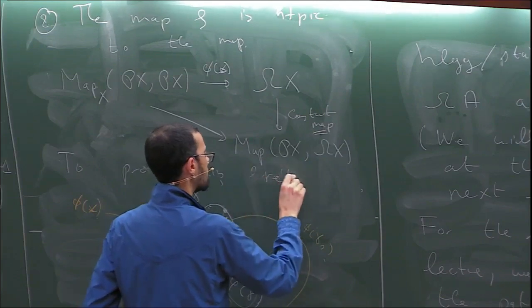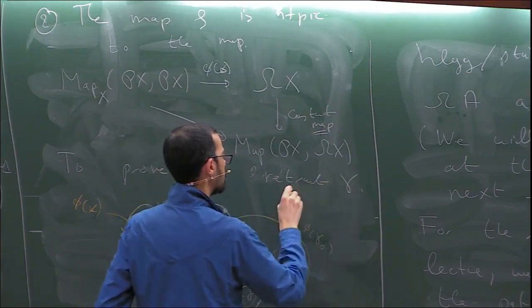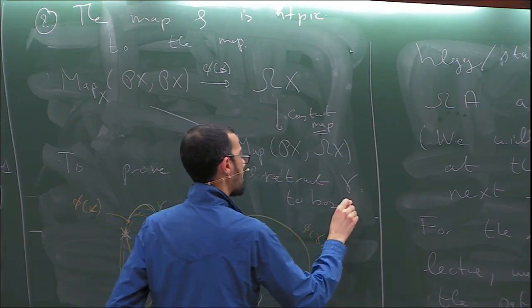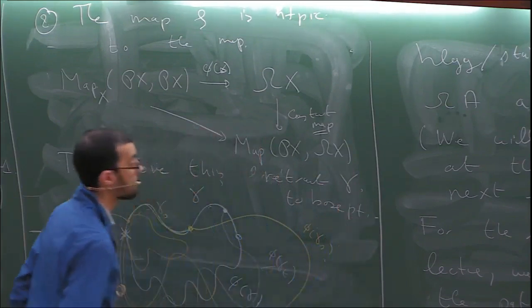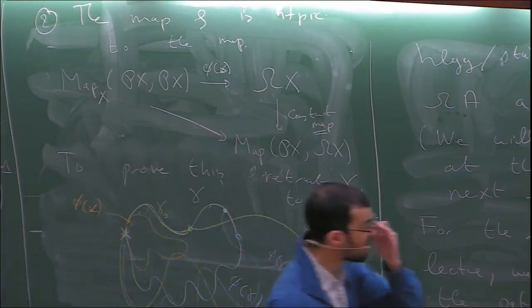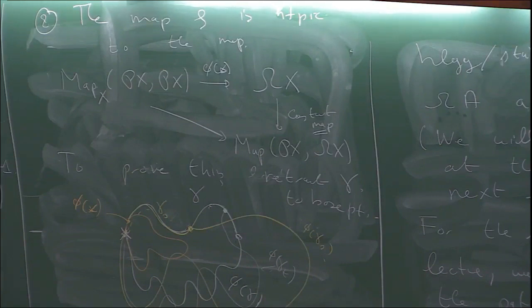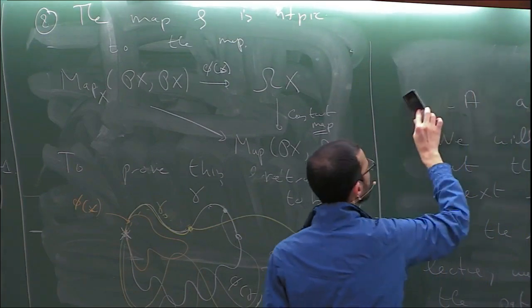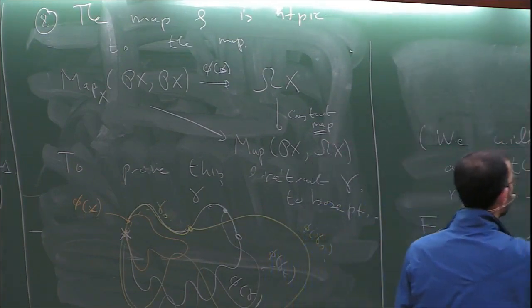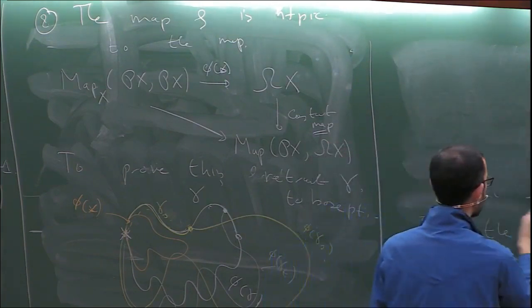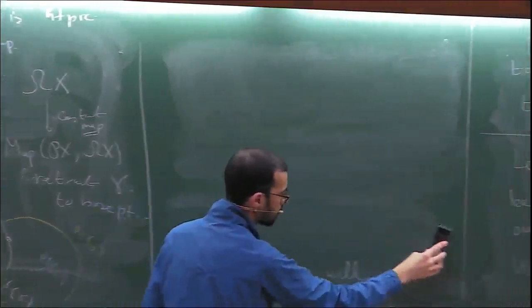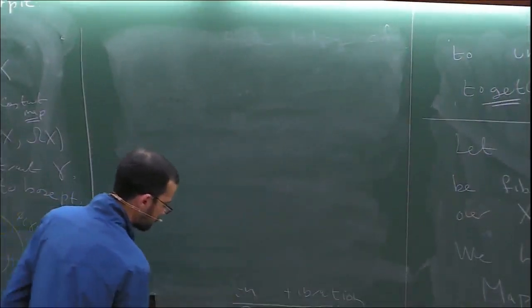Retract gamma to the base point. Okay, so that's the proof of this theorem, which, as I said, I don't know where it's written. Its proof is very basic, so I suspect that this was definitely known in the 50s and 60s, but I don't know if it ever made it to print.